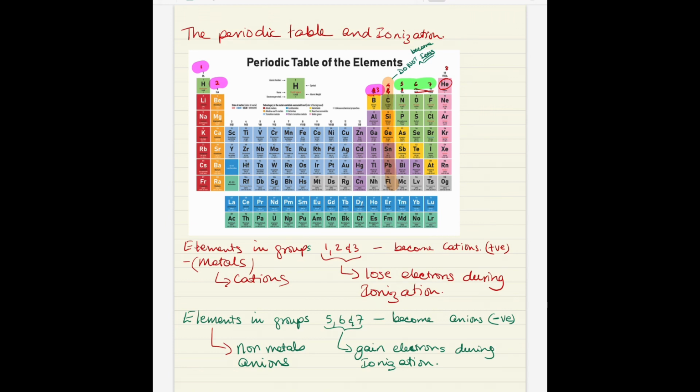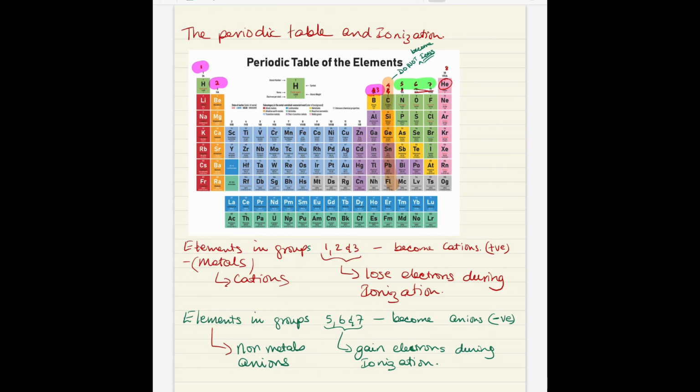Repeating, elements that are metals become positively charged when they ionize because they're going to be losing electrons, and so they become cations. The elements that are non-metals will become anions because they will be gaining electrons during the ionization process.